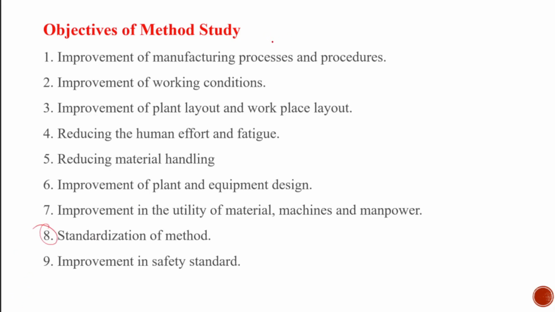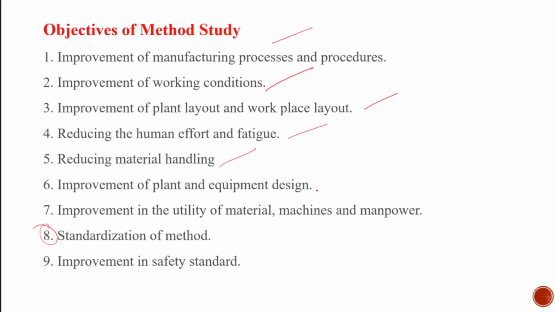So first objective is improvement of manufacturing process and procedures. So continuous improvement we are expected. Improvement of the working conditions. Improvement of plant layout and workplace layout. Reducing human effort and fatigue. Reducing material handling.